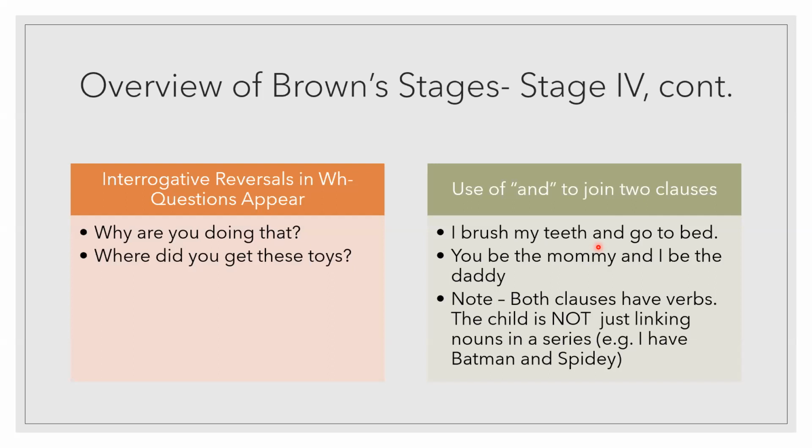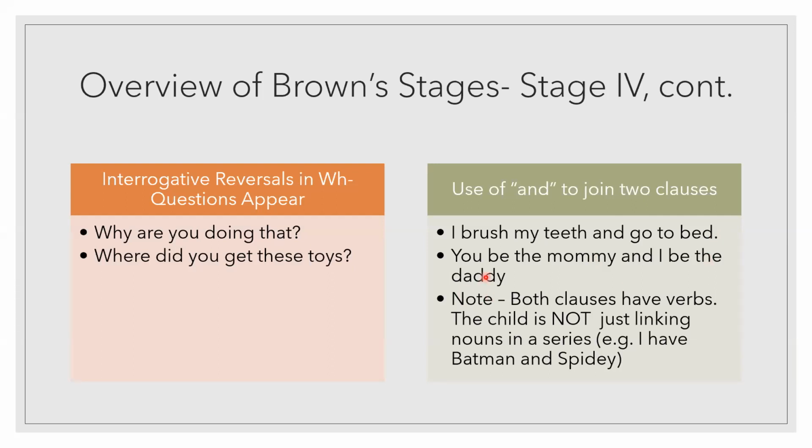Okay, so that and there is definitely just an utterance starter, because you can see here in I brush my teeth and go to bed, both of those are related. They're two related clauses. You be the mommy and I be the daddy.